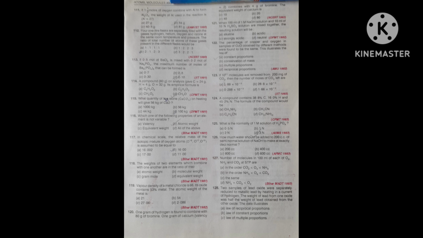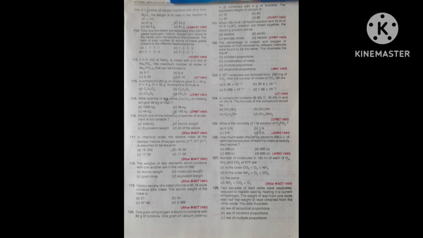Now I am telling you the explanation. 100 ml of 1M NaOH means 100 ml of 1N NaOH, since you are converting molarity to normality. But here in case of NaOH, normality and molarity both are equal.